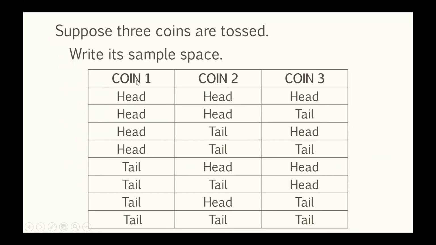It can be head, head, tail. It can be head, tail, head; head, tail, tail; tail, head, head; tail, tail, head; tail, head, tail; and all tails for coin 1, coin 2, and coin 3.